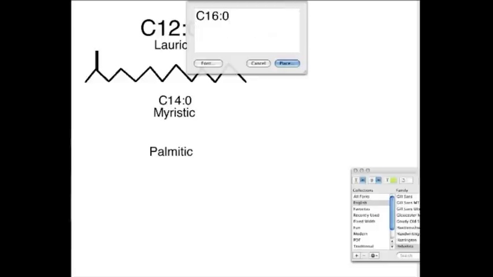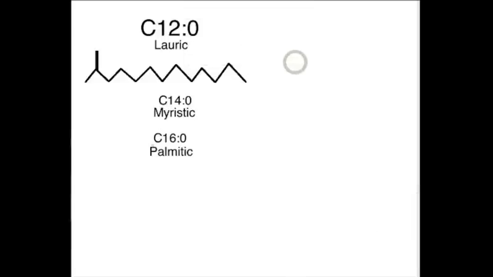I guess it won't be too hard to draw these real quick, so I'll do it anyway. So that's 1, 2, 3, 4, 5, 6, 7, 8, 9, 10, 11, 12, 13, 14.